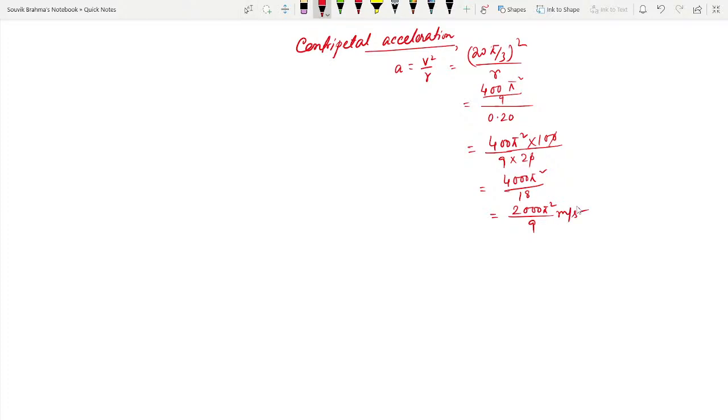So that is the centripetal acceleration in this case. Do you understand the concept?